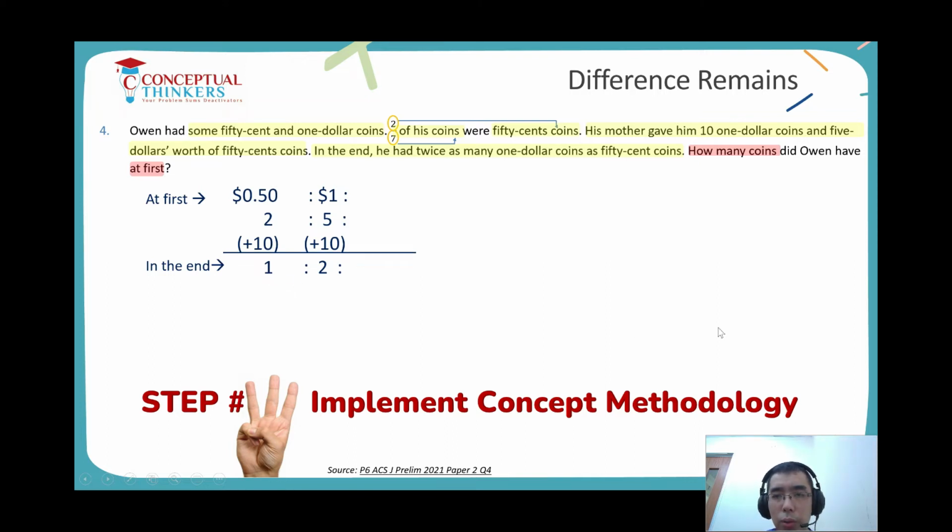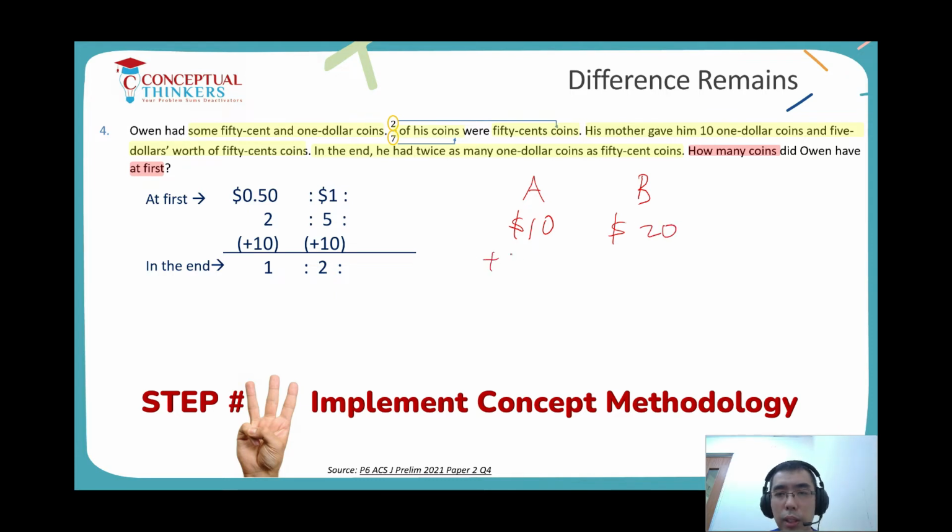Now, I mentioned just now that we should understand why, if we have an increase of the same number or decrease of the same number, the difference will remain. So let me give you a simple example. Let's say that we have A and B. At first A has $10 and B has $20.